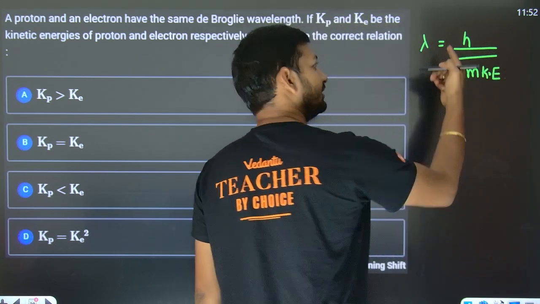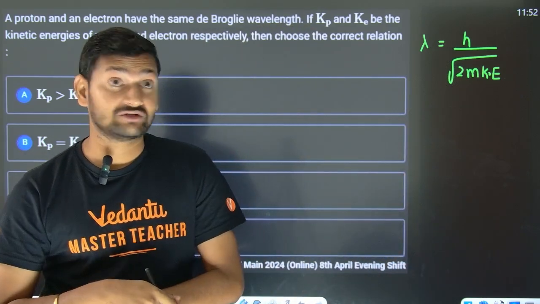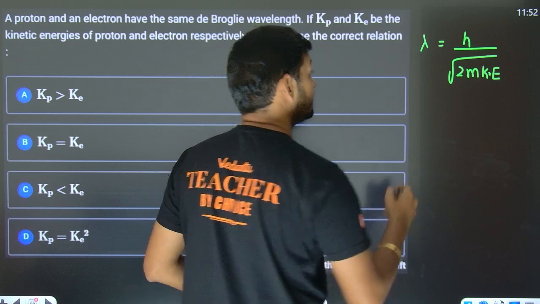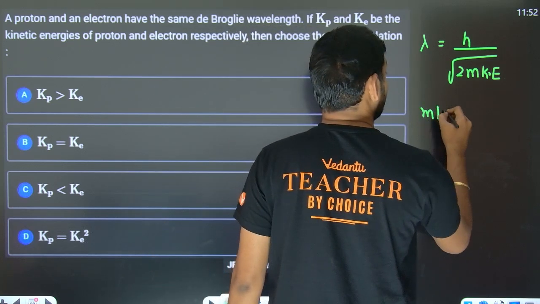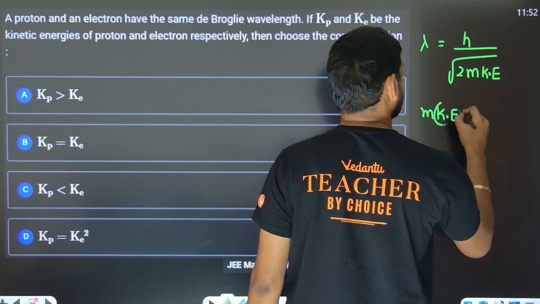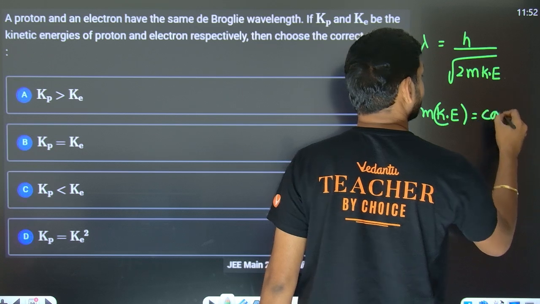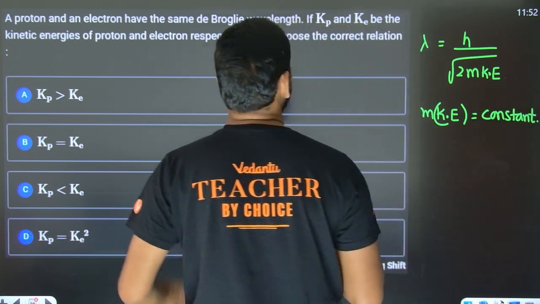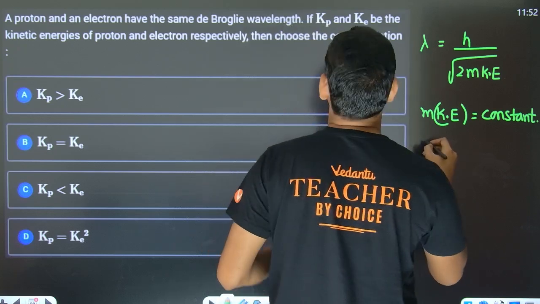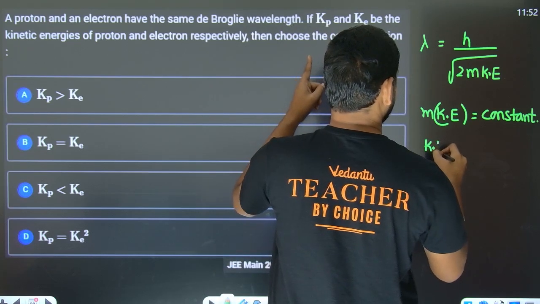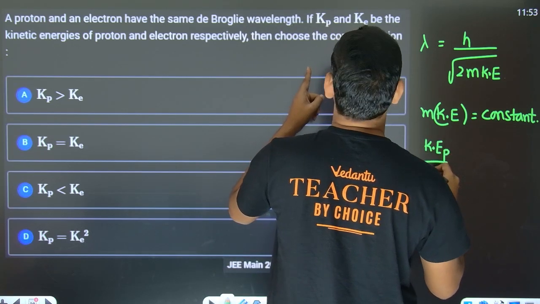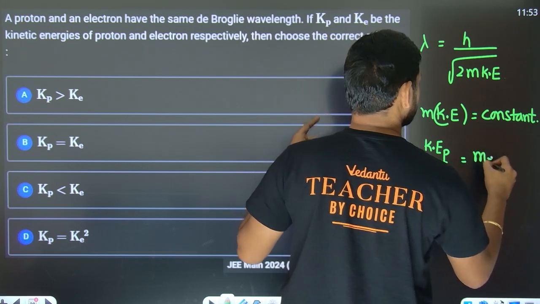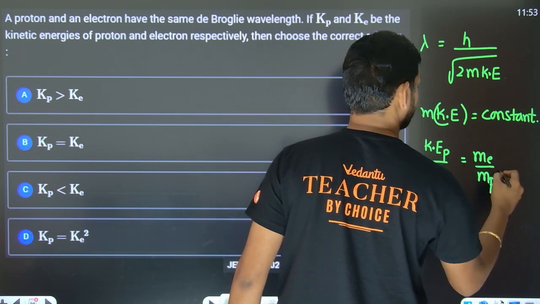Now look, they only said lambda is the same for both of them. So lambda is the same, h is anyway the same, 2 is anyway the same. So can I say that m into Ke should be constant? So Ke of the proton by Ke of the electron is going to be mass of the electron by mass of the proton.